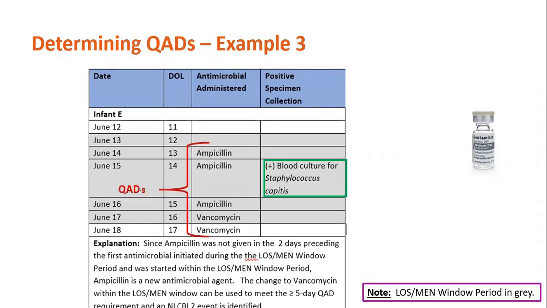Because ampicillin was not given in the 2 days preceding the first antimicrobial initiated during the late onset sepsis meningitis window period, the ampicillin is considered a new antimicrobial agent. The change to vancomycin within the late onset sepsis min window period can be used to meet the greater than or equal to 5-day QAD requirement and a late onset sepsis or an NLCBI2 event is identified.